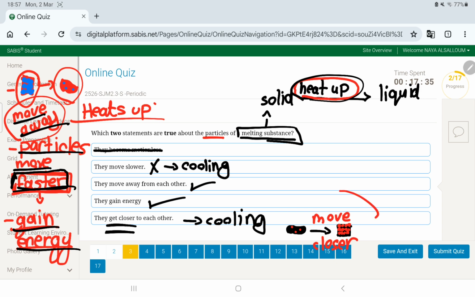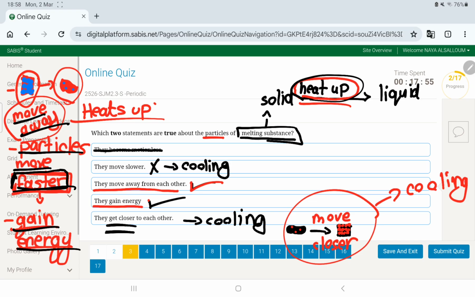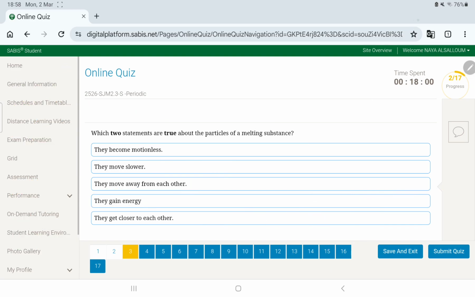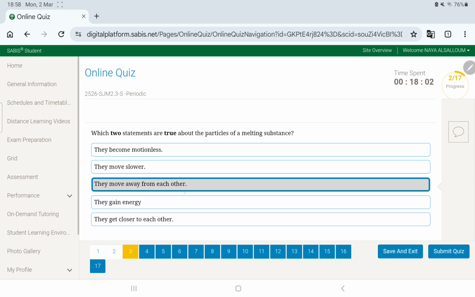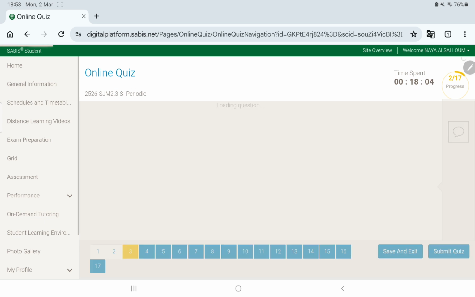But this is for cooling. Right? What do they want here? Here they want heat. So what are the two correct options when something is being heated? When they say they, they mean the particles, okay? So the particles move away, yes. And the particles gain energy, yes. Okay? So they move away and they gain energy.